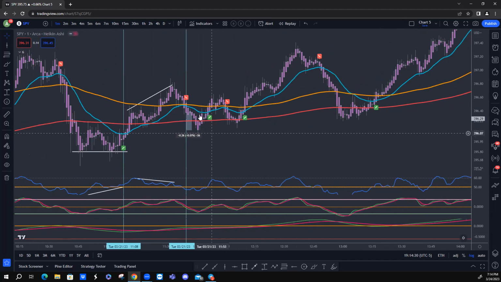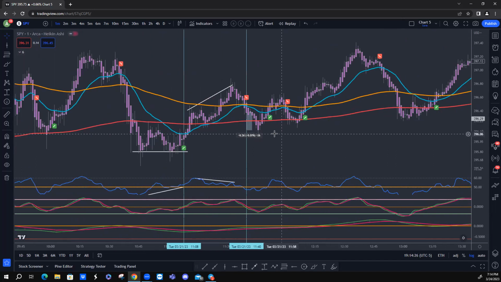Let's see what's happening here. So if we're right here, yeah, see right here, you get another divergence pattern. This one is what you would call a hidden divergence, meaning you're going with the trend.